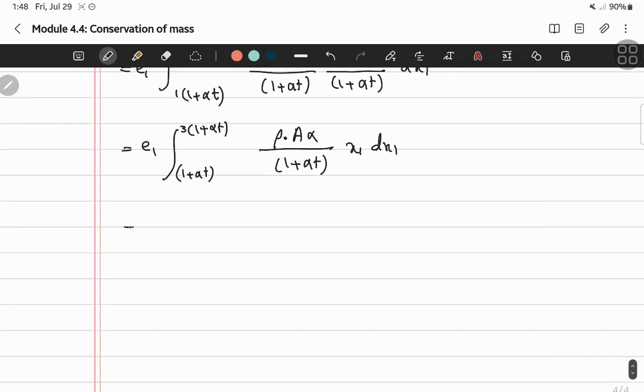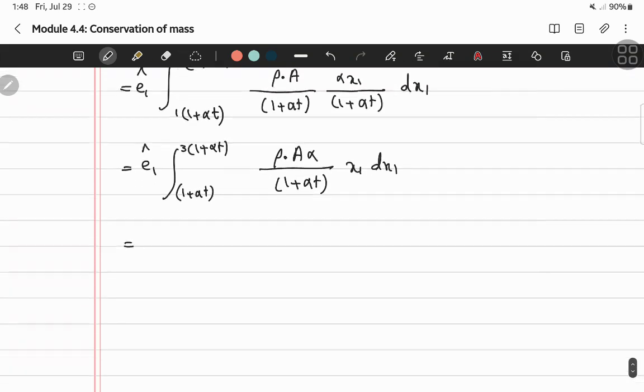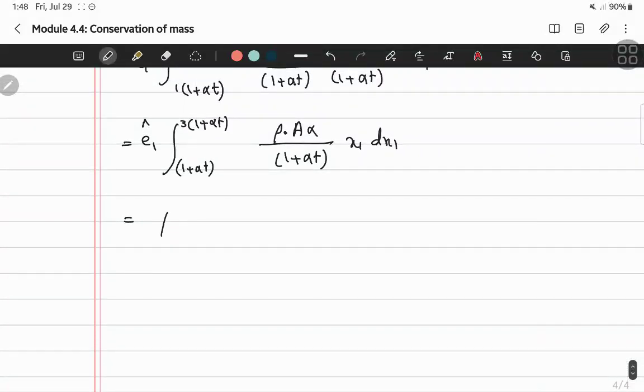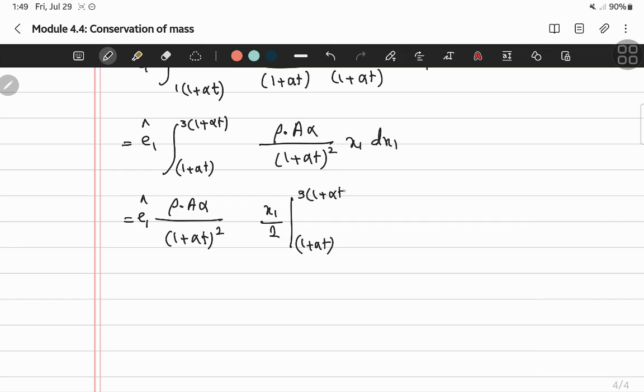So if I take the integral, I'm going to have rho 0 A alpha divided by 1 plus alpha t, squared. Then I have x1 squared divided by 2. This is e1, of course, from 1 plus alpha t to 3 times 1 plus alpha t.